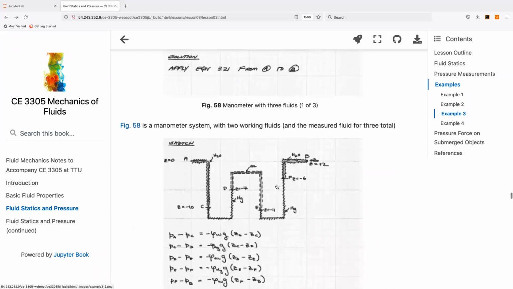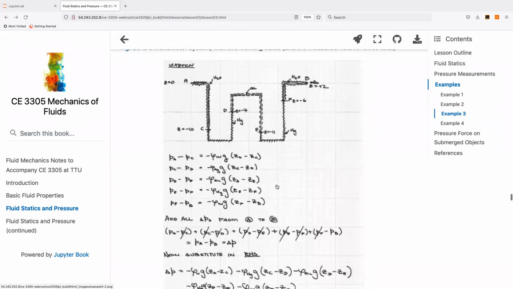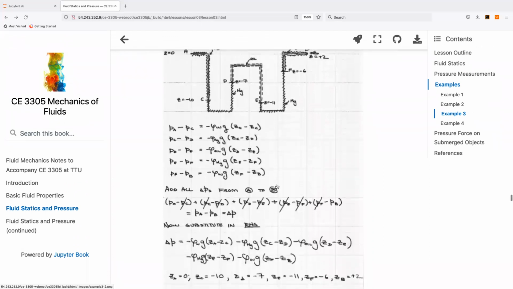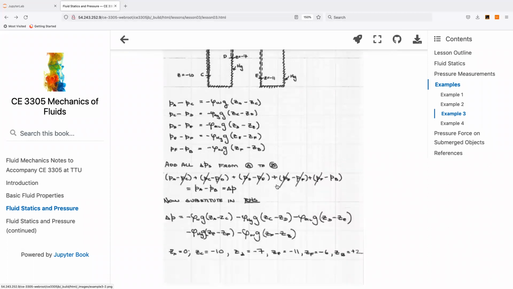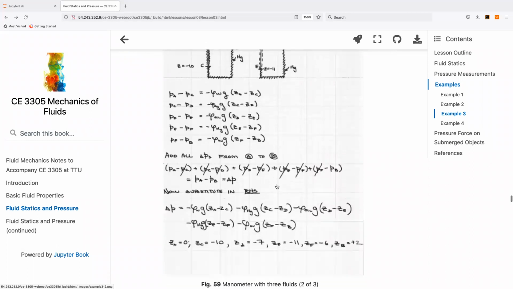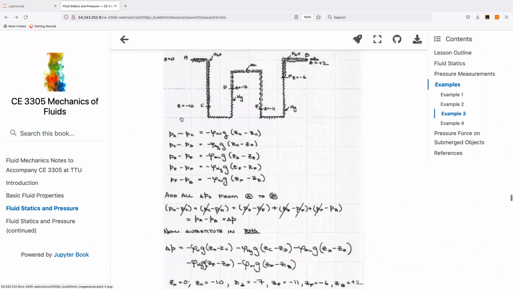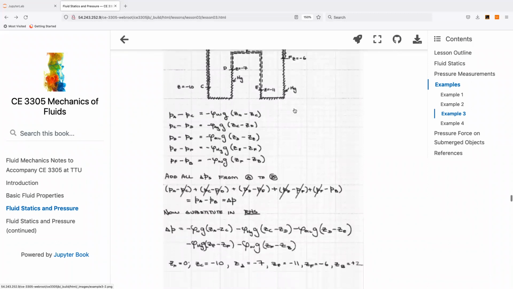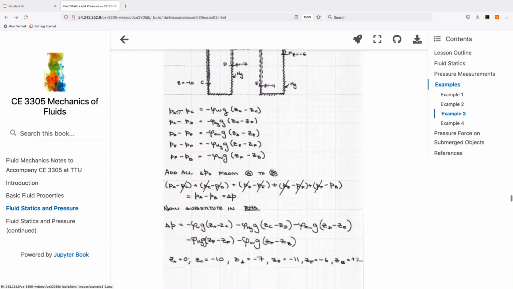The solution would be to apply the equation. And here it is just laid out. I'll go through this. And here we have our system, and we've gone to some way of indicating the different fluids. Use the picture to implement the changes in pressure using that algebra, and then put the various pressure equations in.